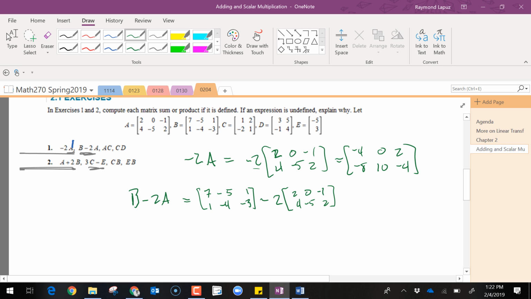And then we can think about adding this after we distribute the -2. So when we add matrices, just like when we add vectors, it's component by component. We will have the same size: 7 minus 4, and -5, 1 plus 2. We have 3, -7, 6, and -7.